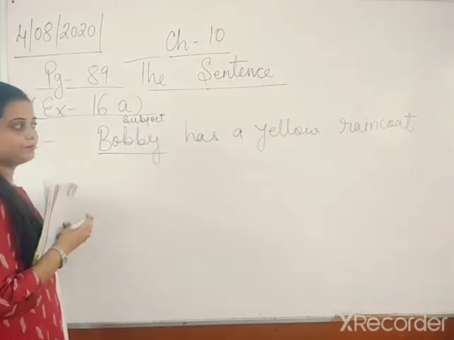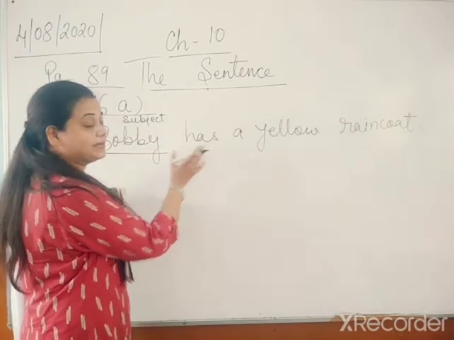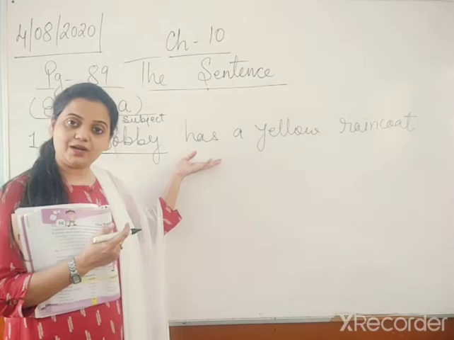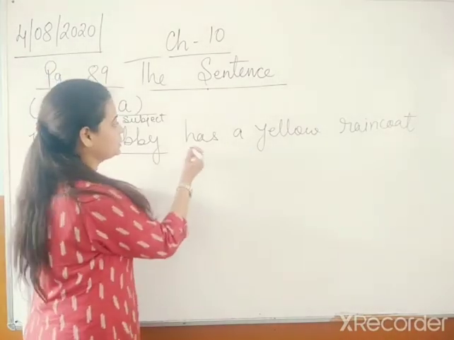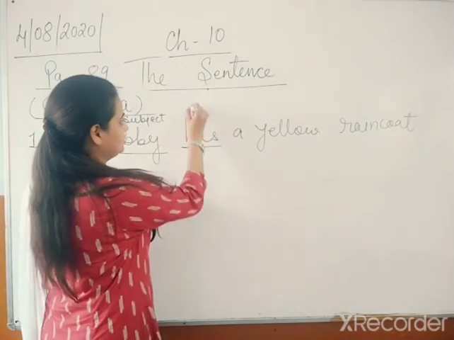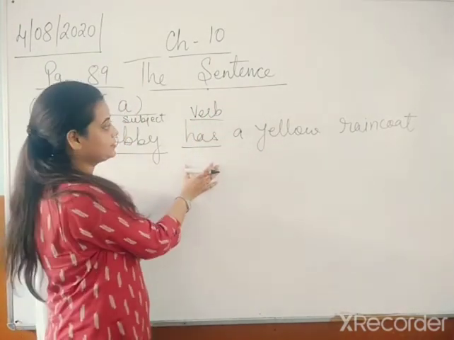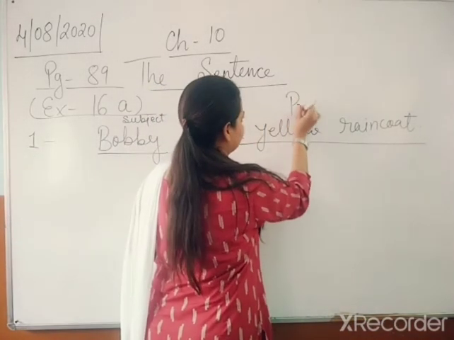Okay. Has a yellow raincoat is your predicate, but as you know, your action also lies in the predicate only, right? So we have to find out the verb over here. So has is your verb. Right over here, verb. This is working as a helping verb here. Okay, has a yellow raincoat is your predicate.